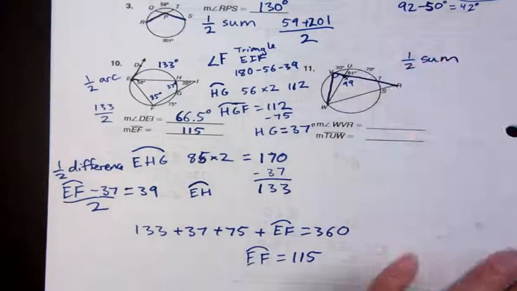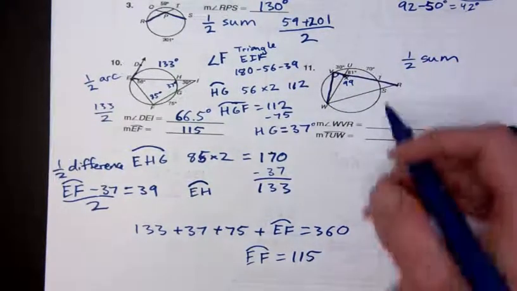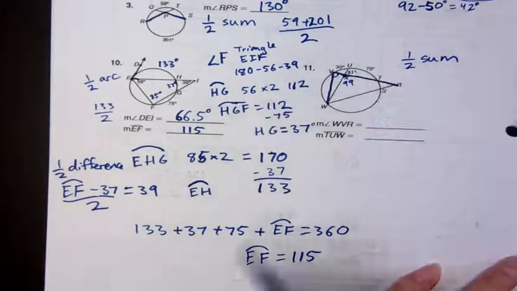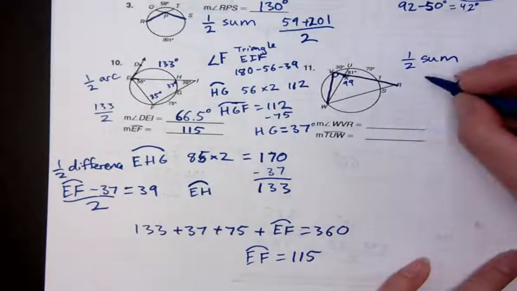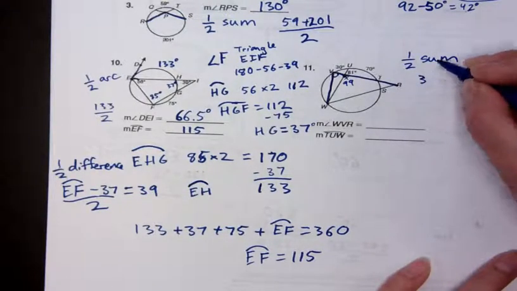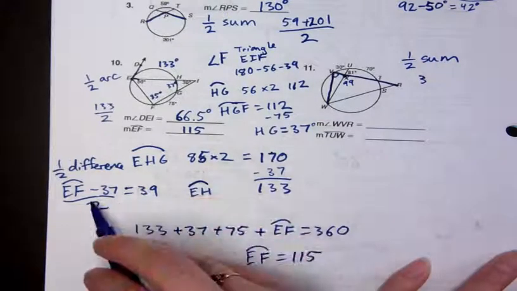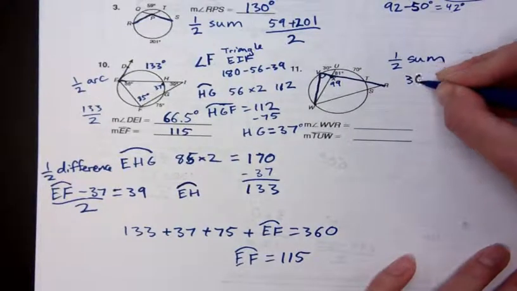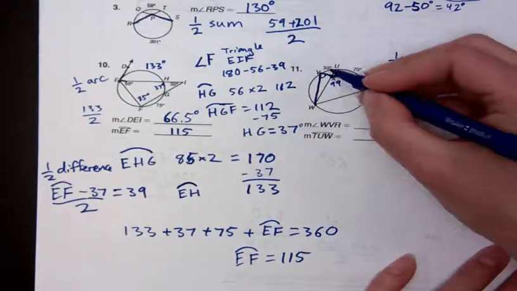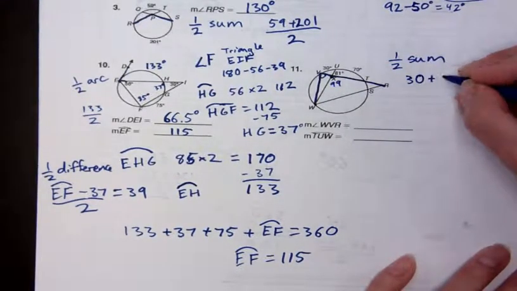Always do the steps you know how to do. So what am I going to do now with that 99 and the 30? If I don't have what I need, you guys are good at algebra by now, so I just plug in. I need 30 plus the arc WST.